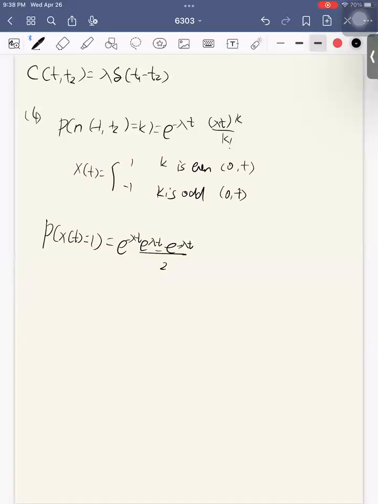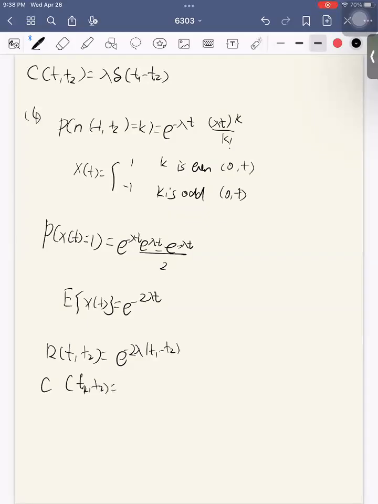The mean is equal to this part. The autocorrelation R(t1, t2) is equal to this, and the autocovariance C(t1, t2) is equal to this part here.